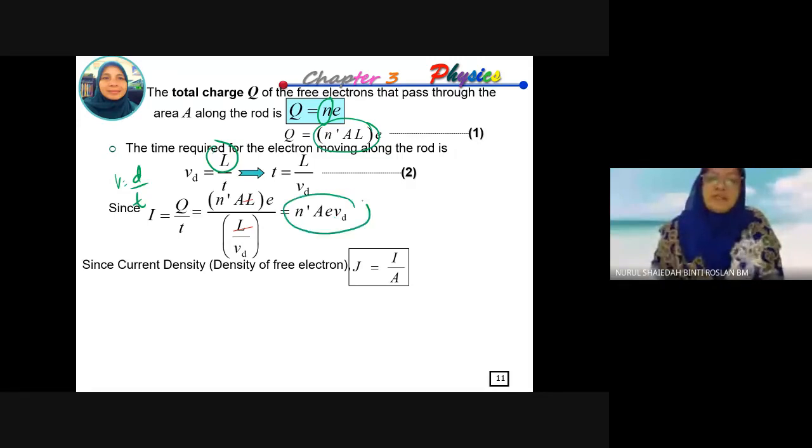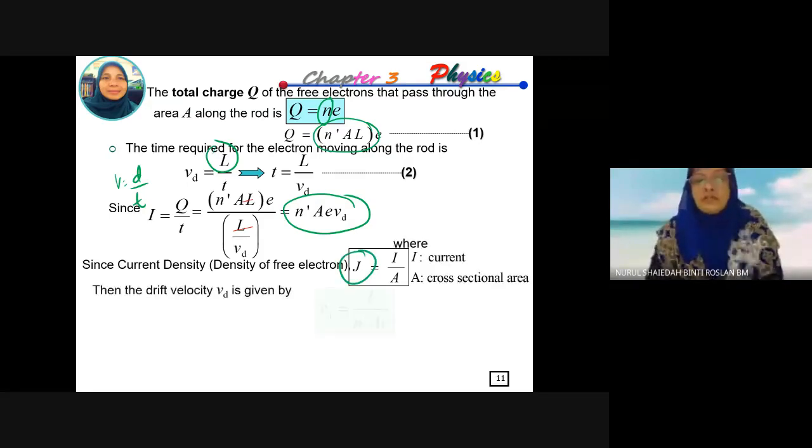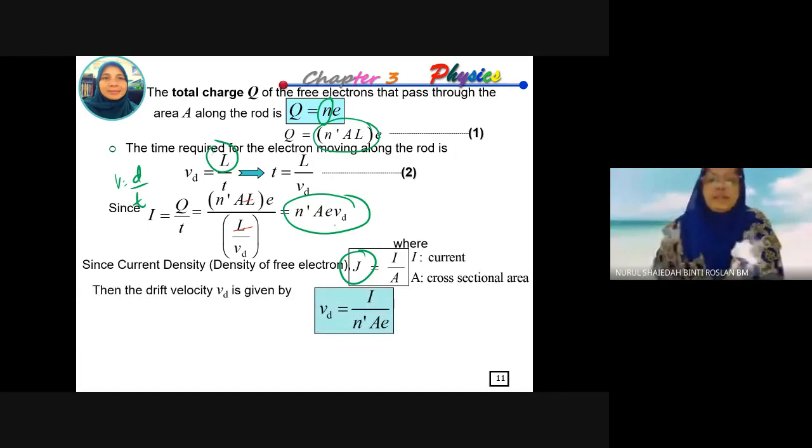Since the current density J equals I over A, where I is current and A is cross-sectional area. So VD, we just rearrange. VD we leave, and the others go to the bottom: I over N prime AE.